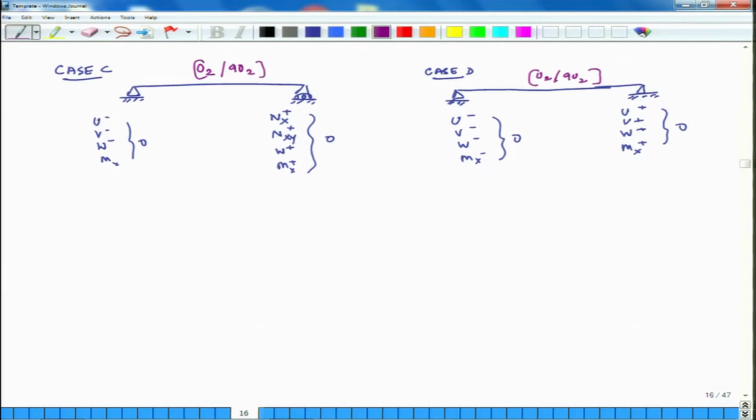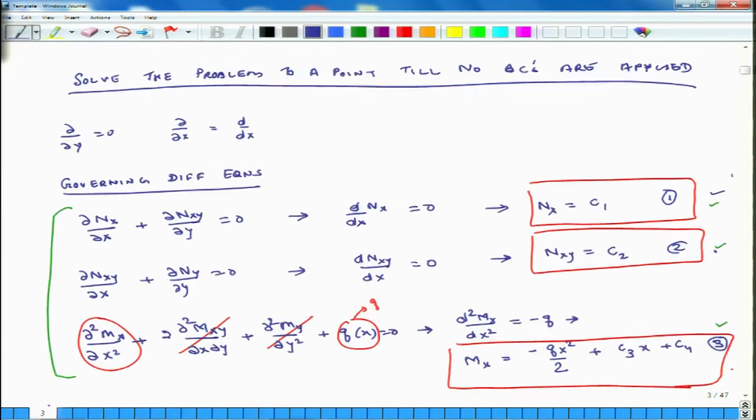So, first we will very quickly solve the differential equation. The solutions for the differential equation, as we discussed earlier, are going to be the same, because when we are doing these solutions, we do not consider the effect of lamination sequence, and neither did we consider the effect of boundary conditions. So, these three equations still hold.